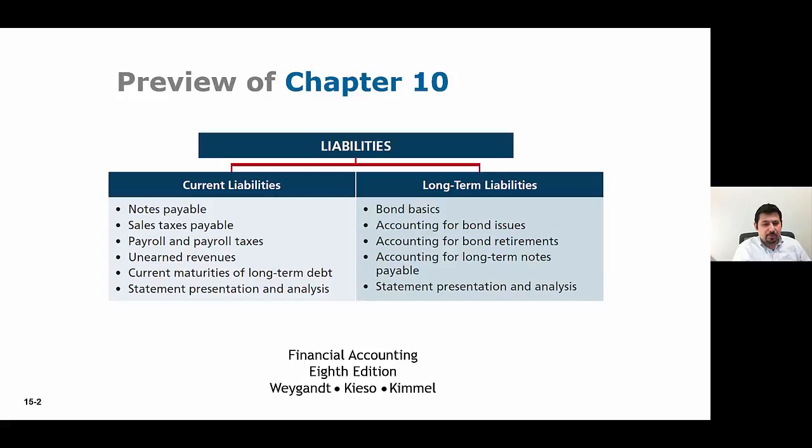They include sales taxes payable. They also include the current maturities of long-term debts. So those are long-term liabilities that are maturing during the current year. So as a result, there would be basically within 1 year of the financial statement, or within one operating cycle, whichever is longer.